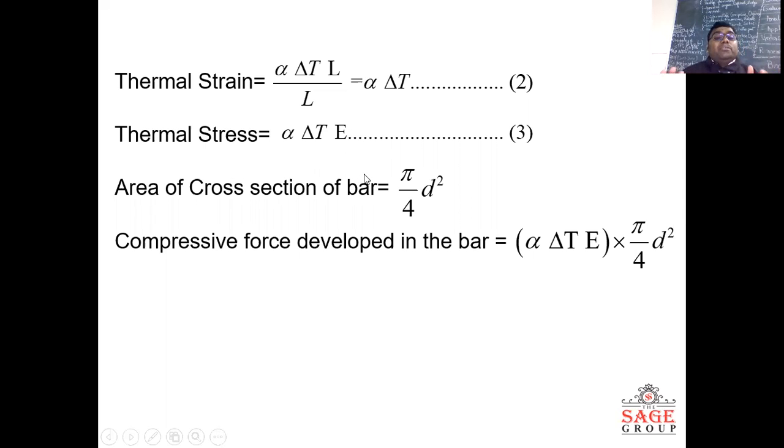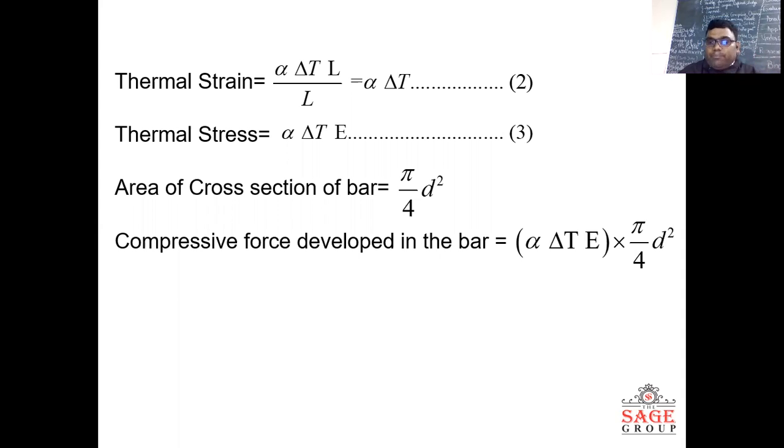And how much compressive force develops in the bar? Once you know the stress and the cross-sectional area of the bar, you just multiply the stress by the cross-sectional area, and you get the compressive force developed in the bar.